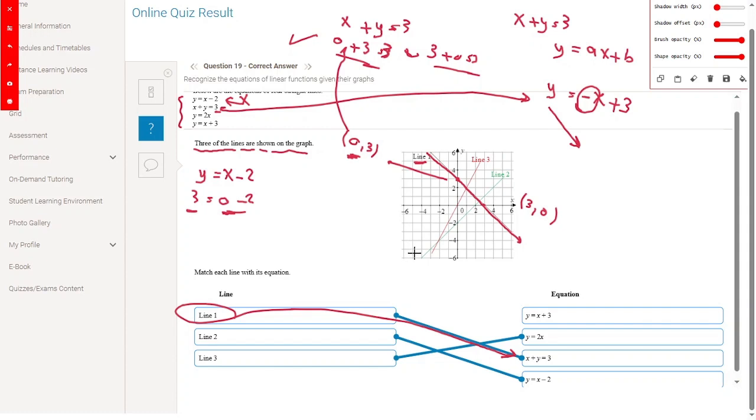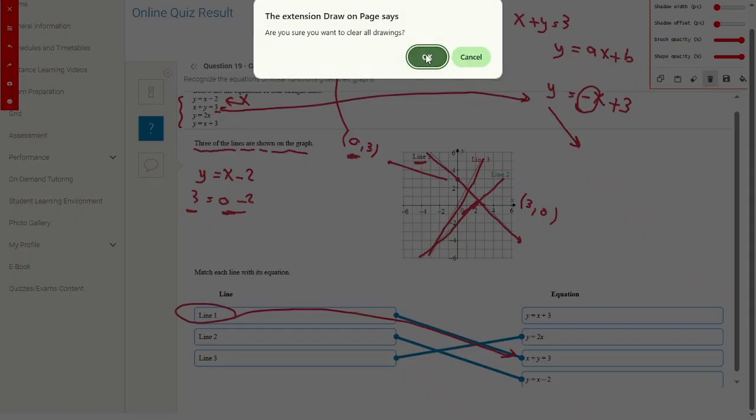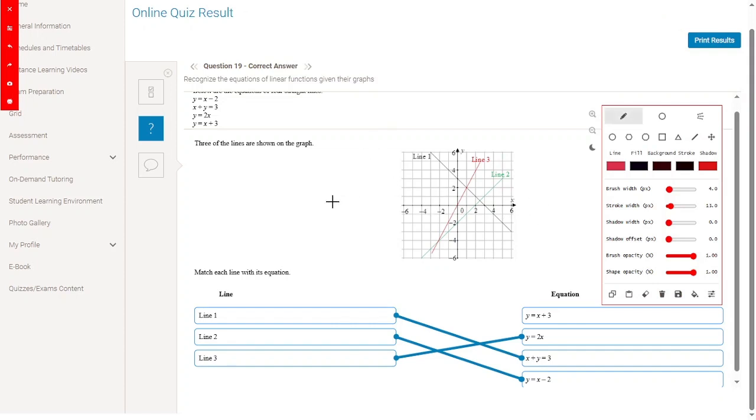Now let's see line 2. Line 2 is increasing, so the slope is positive, and line 3 is also increasing, so its slope is also positive. Now let's take line 2. Line 2 intersects the x-axis and y-axis at 2 points.